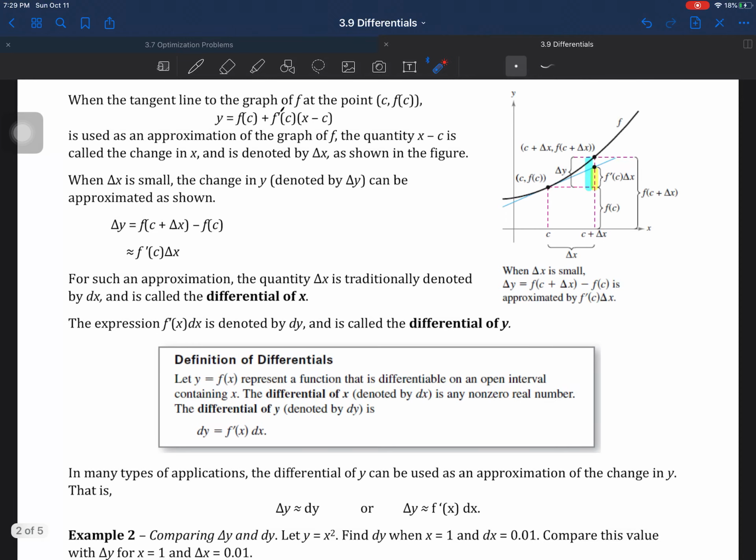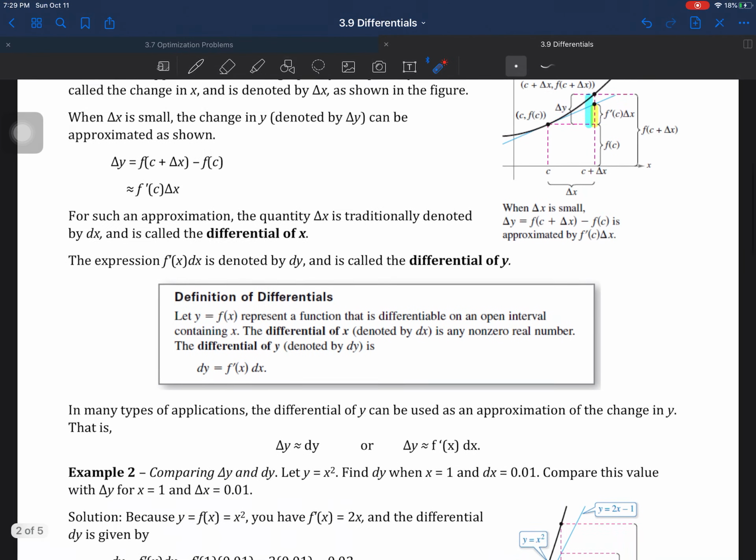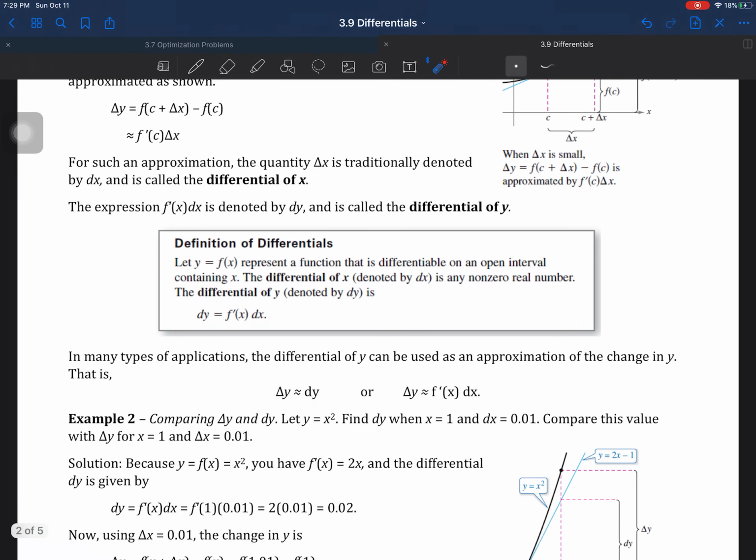Now we can say the same for the y's. For y, the expression f prime of x times the differential of x is denoted to be dy, the differential of y.